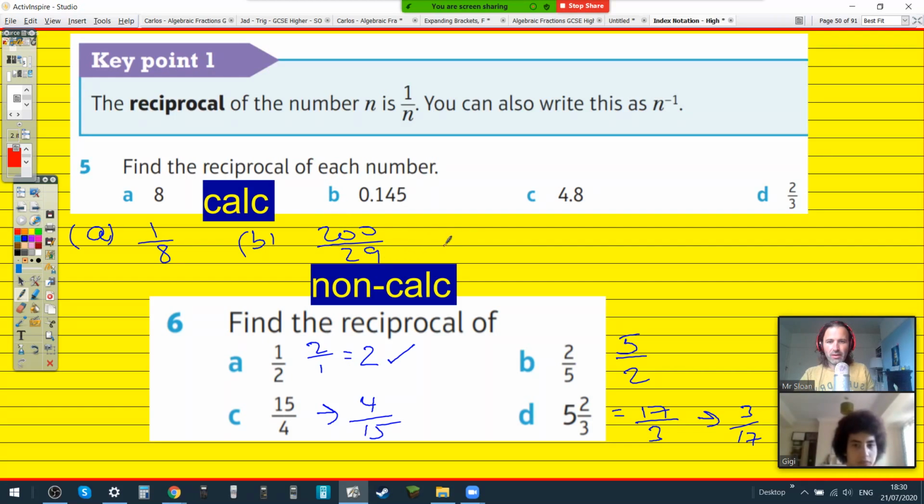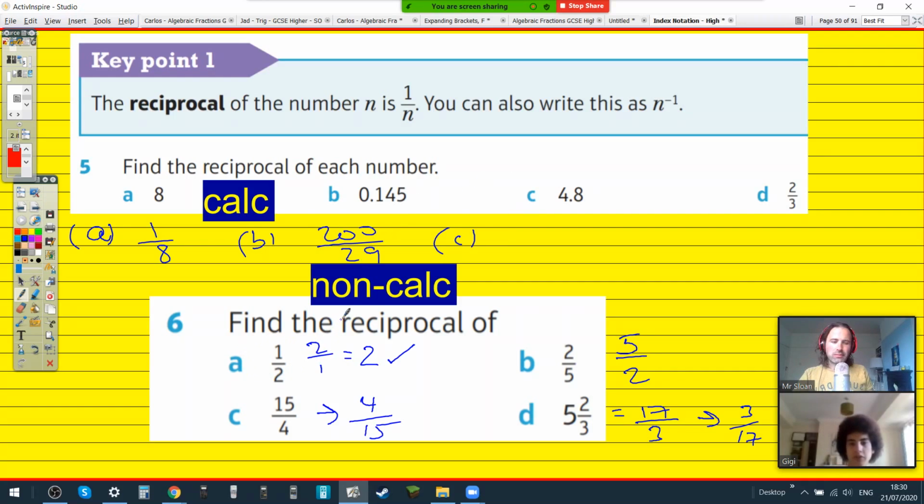It's a weird one. 4.8. So 4.8 is equal to 1 and 2 halves.